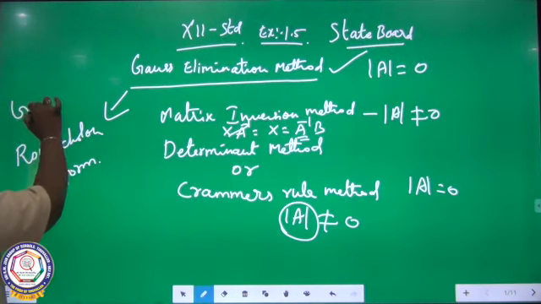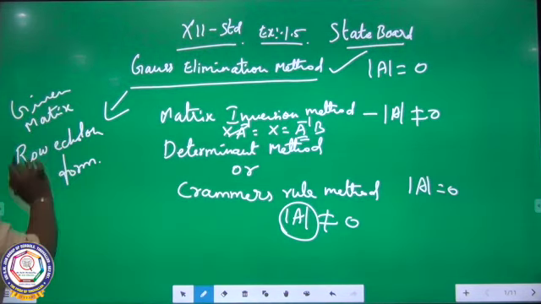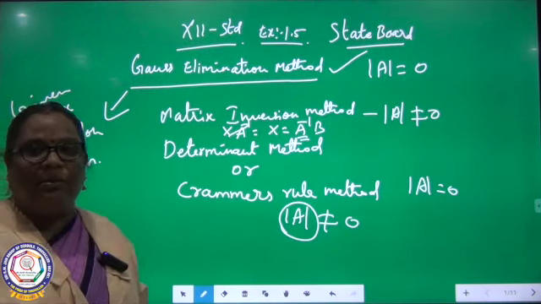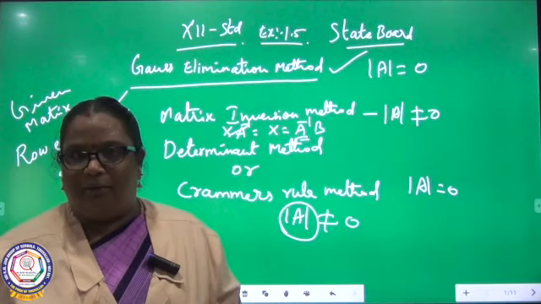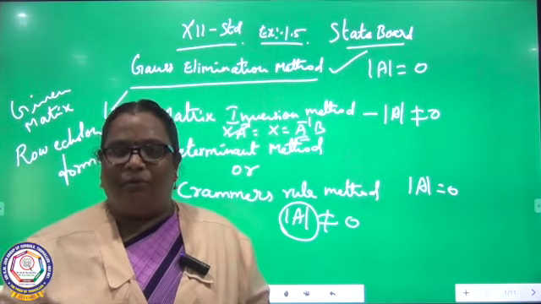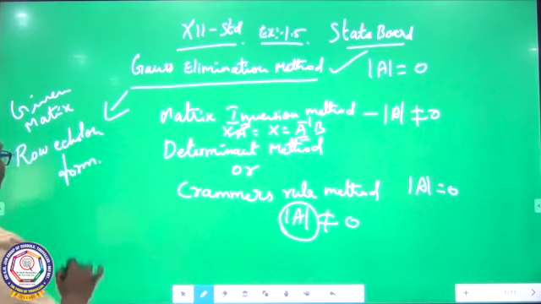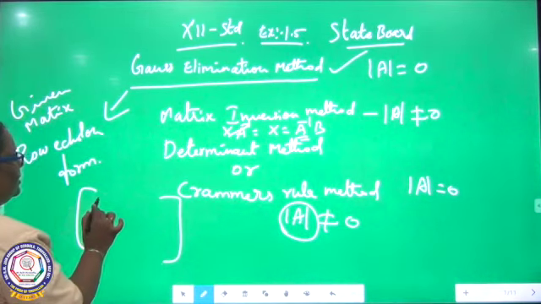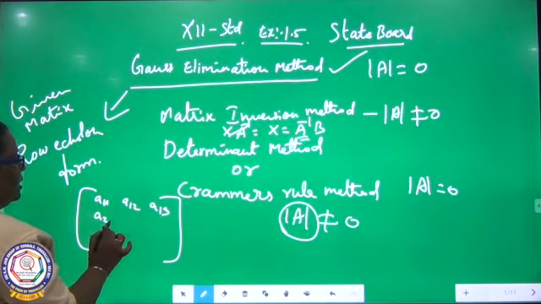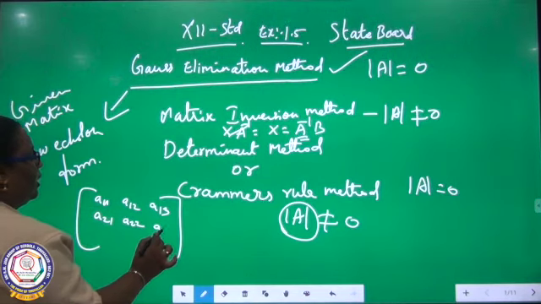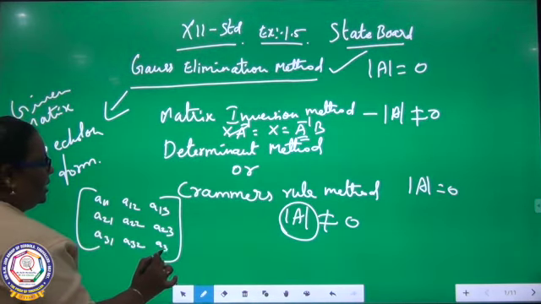In the Gauss elimination method, you bring the given matrix into row echelon form. What is row echelon form? The lower part of the matrix should be 0. See the matrix, it is like this: A11, A12, A13, A21, A22, A23, A31, A32, A33.